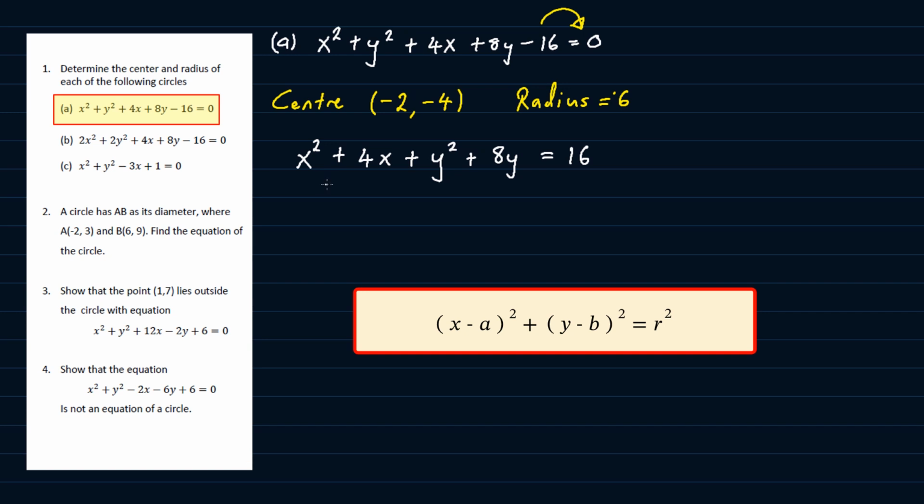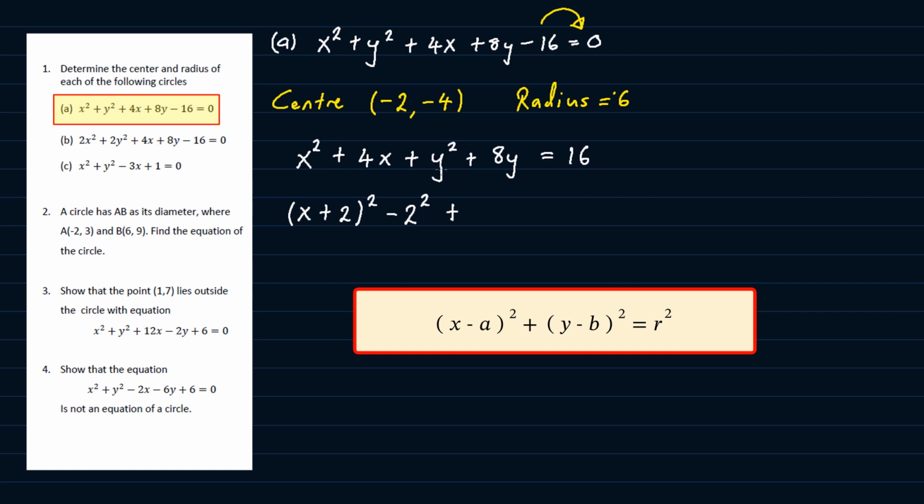Now I'm going to complete the square starting with this pair. So that will be x plus half of the coefficient of x, that's 2, close bracket, squared, and I subtract the 2 squared. So I've just completed the square for these two terms.